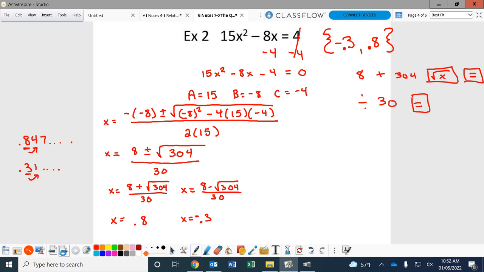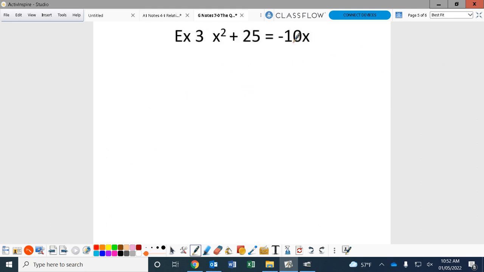Okay, here we go. So again, it's not equal to 0, so that's the very first thing you got to deal with. You got to get that 10x over to the other side. Again, it doesn't have another x to line up underneath, so just put it somewhere underneath there so that when you put it in order, you're going to put it from the highest power down to the lowest power.